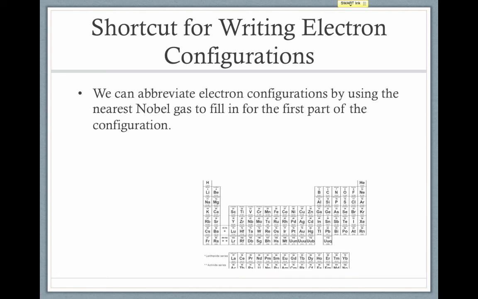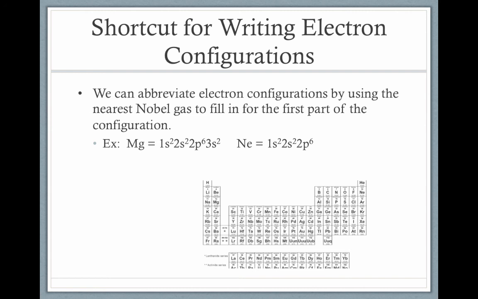So for instance, let's write an abbreviated electron configuration for magnesium. Notice magnesium is just after neon on the periodic table. Neon is element 10, magnesium is element 12. You have to use the nearest noble gas that comes before the element you're looking at. So argon wouldn't work for magnesium. Neon is closer.